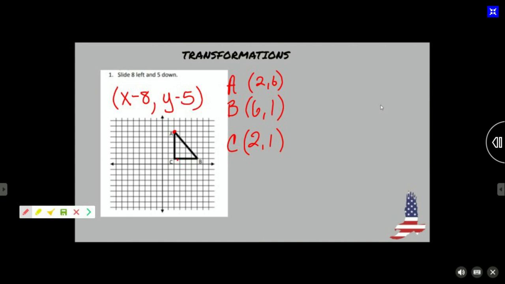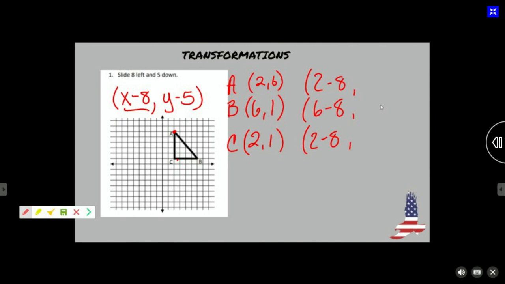Okay, so my x's are 2, 6, and 2. What do I got to do to x? Minus that 8. So 2 minus 8, 6 minus 8, 2 minus 8. What about my y's?